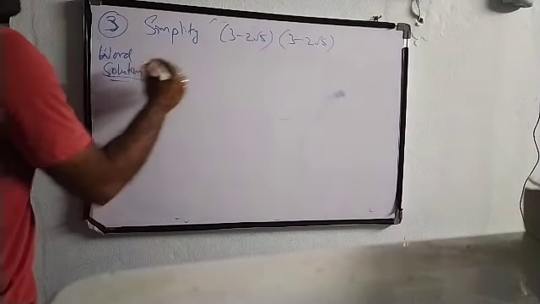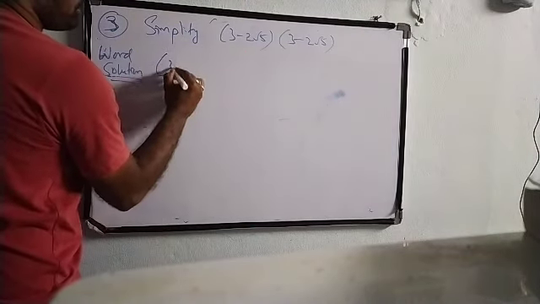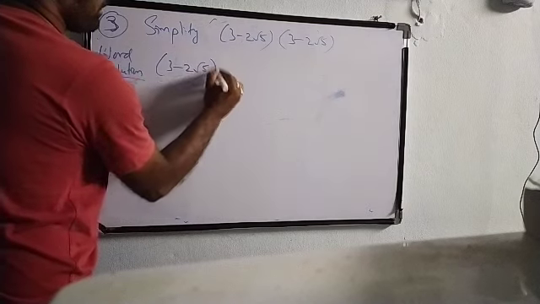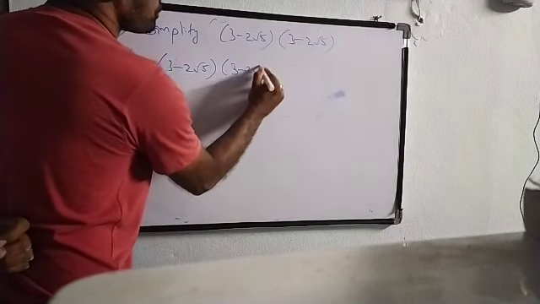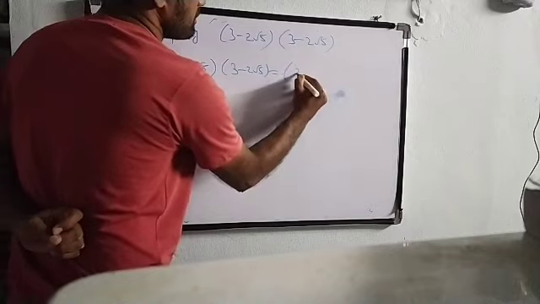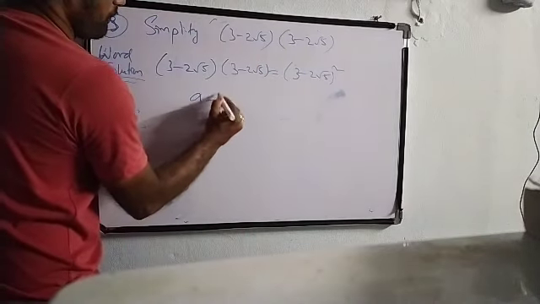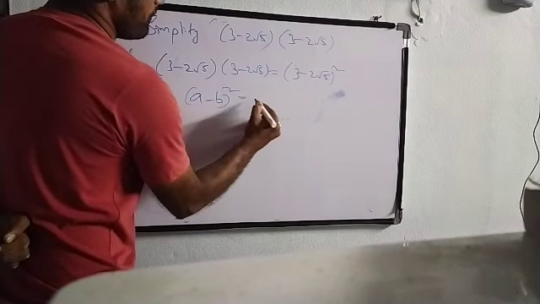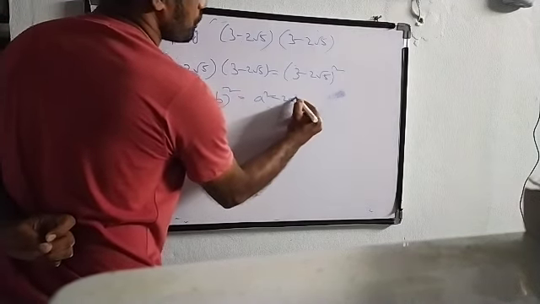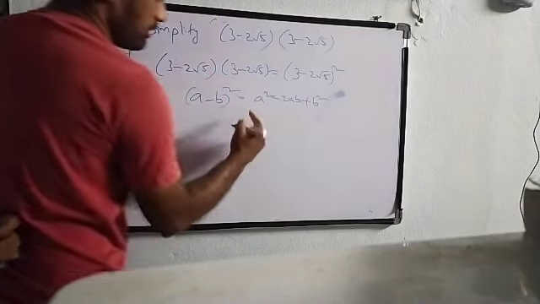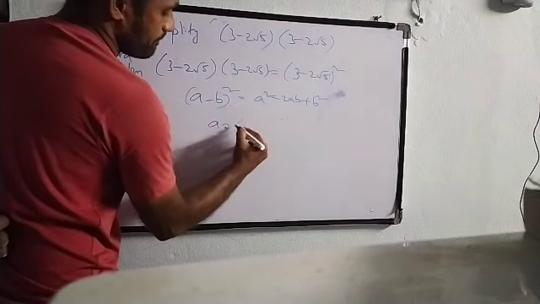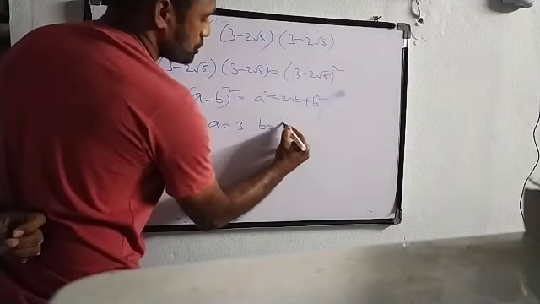So here, (3 minus 2 root 5) into (3 minus 2 root 5) can be written as (3 minus 2 root 5) whole square. So it is in the form of (a minus b) whole square, which is a square minus 2ab plus b square. So here a value is 3 and b value is 2 root 5.